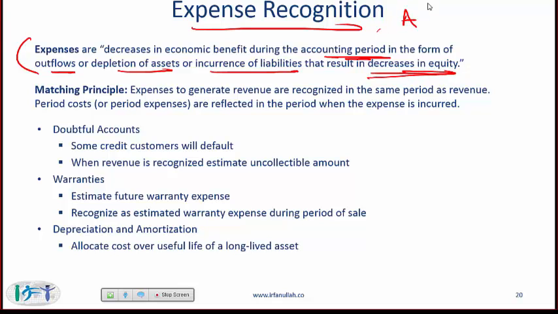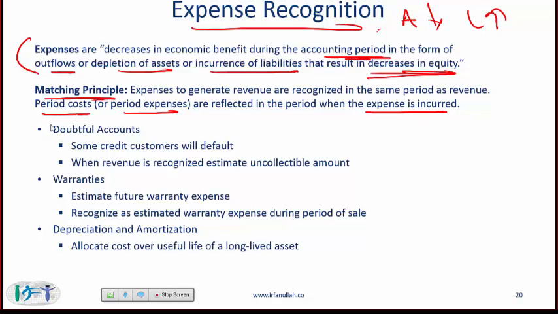Decrease in equity can happen because assets go down or liabilities go up. And both those scenarios are covered in the definition. The matching principle: expenses to generate revenue are recognized in the same period as revenue. Period costs or period expenses are reflected in the period when the expense is incurred.